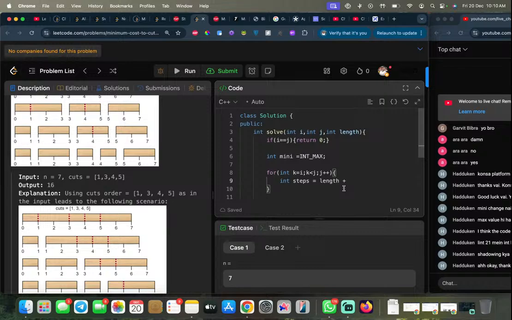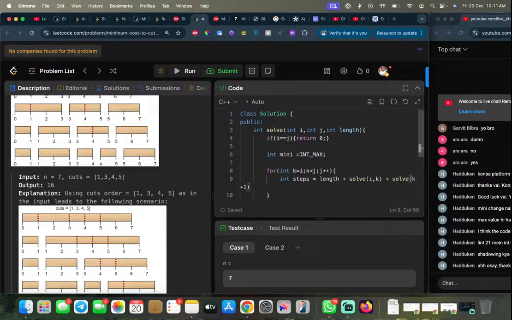It starts at k minus 1, or it will start at i, start at i, comma, it will end at k, plus solve of k plus 1, comma, j.